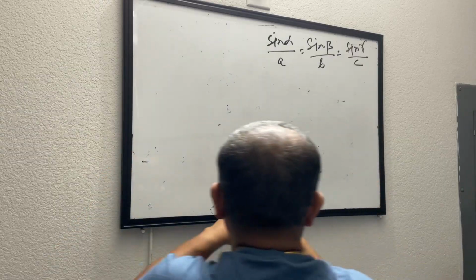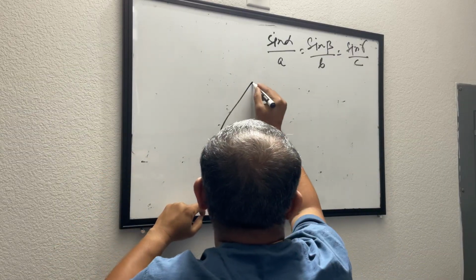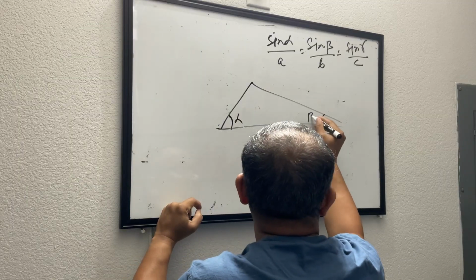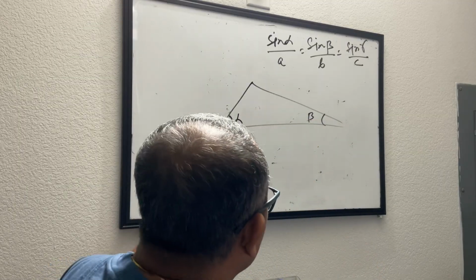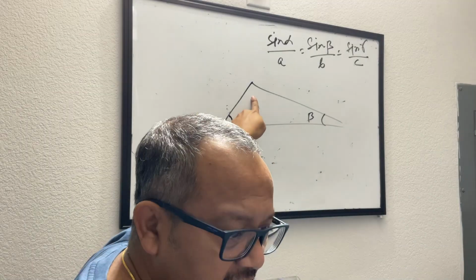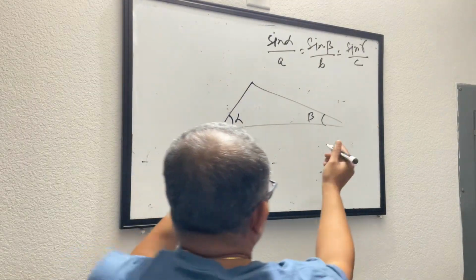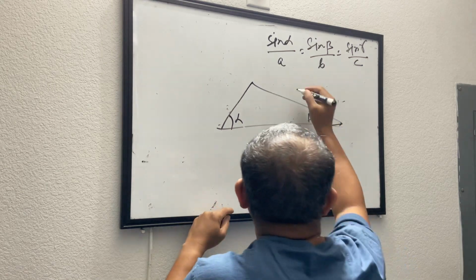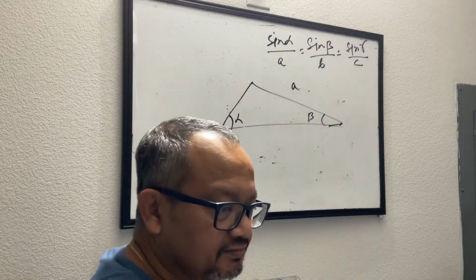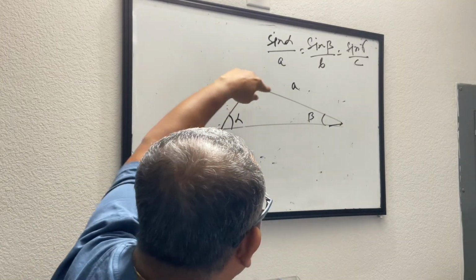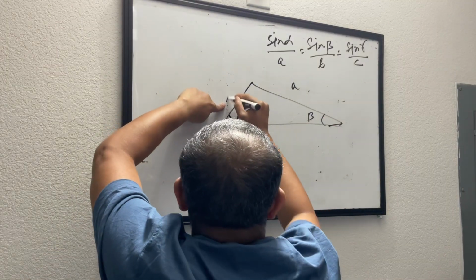Let's say I have a triangle like this, and this angle alpha and this angle beta are known. We can find out the third angle, right? If we know two angles, we can find the third angle. So if we have one of these sides known to us, we can apply this rule to find out the side opposite to the second angle.